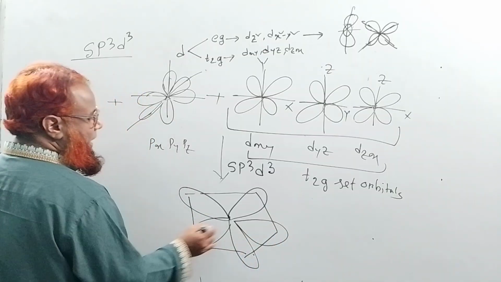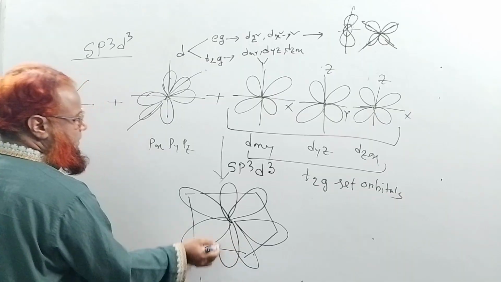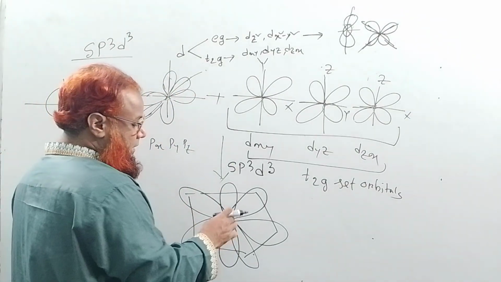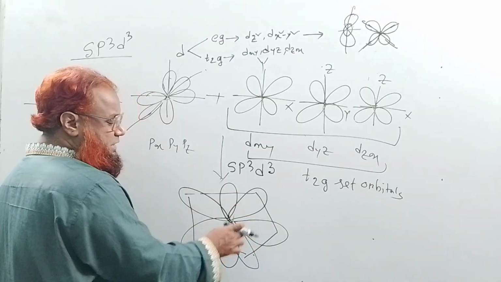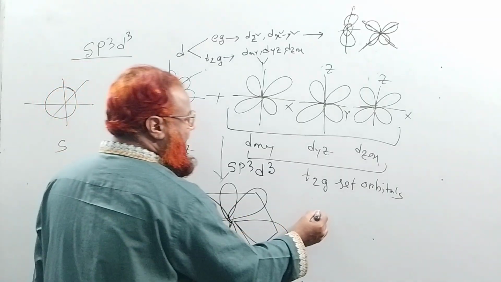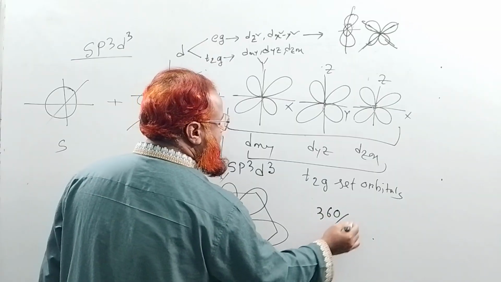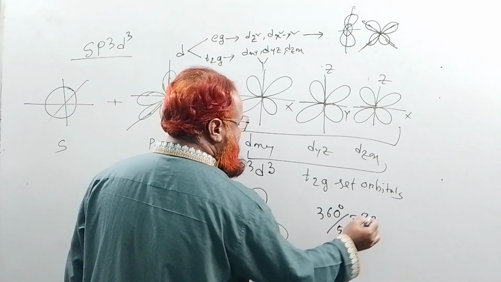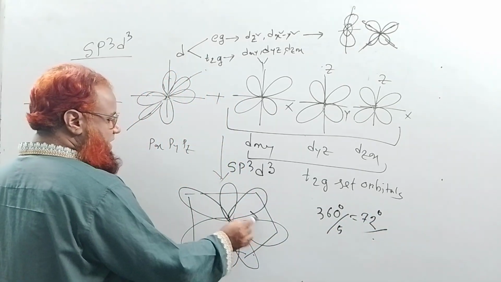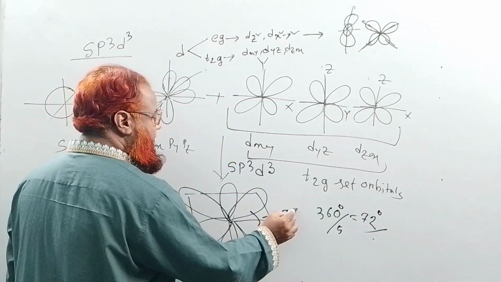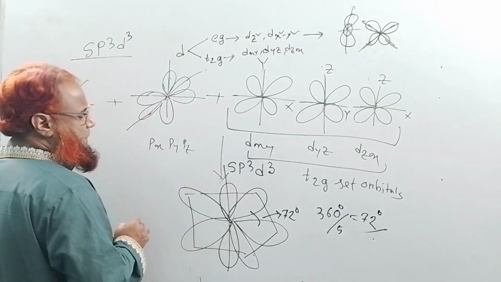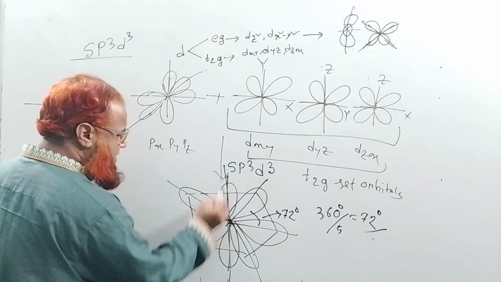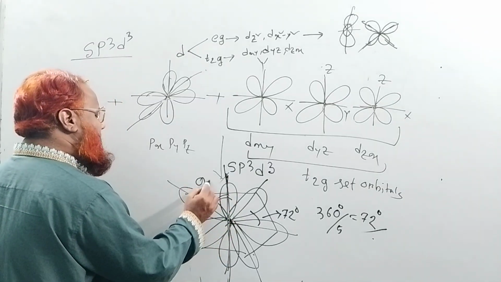And one is perpendicular above, another is perpendicular below. Here the bond angle in the pentagonal shape is 72 degree, because if we divide 360 by 5, that is 72 degree. But the bond angle with the perpendicular structure will be 90 degree.